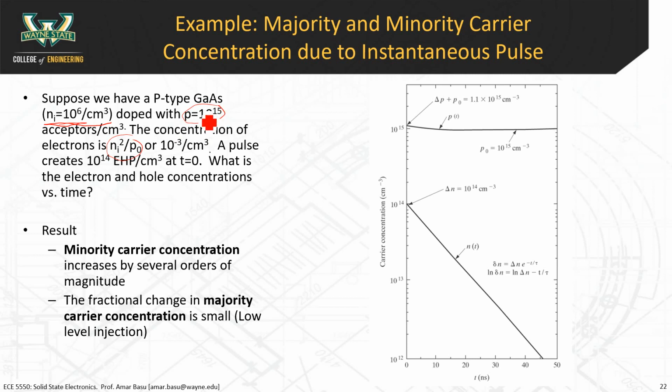You can easily calculate them based on the np equals ni squared formulas I shared with you earlier. So that's at equilibrium. Now we apply a pulse of light that creates 10 to the 14th electron-hole pairs per centimeter cubed at time equals 0. So what are the electron and hole concentrations versus time?